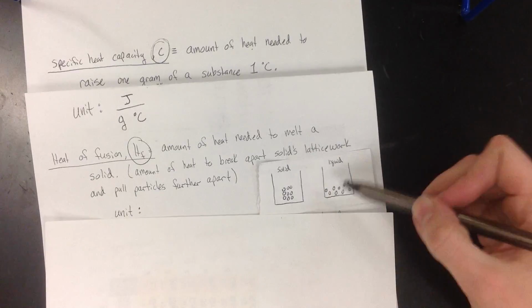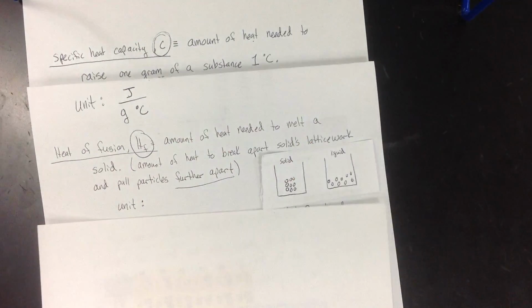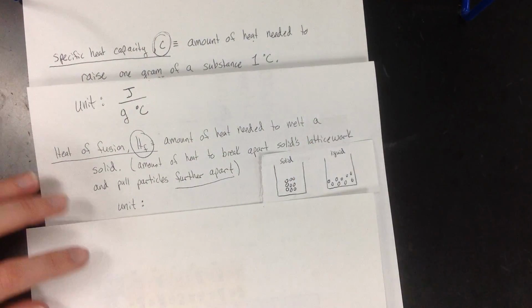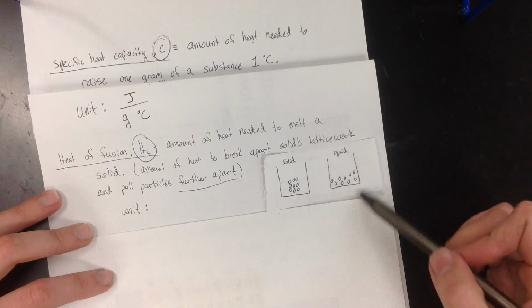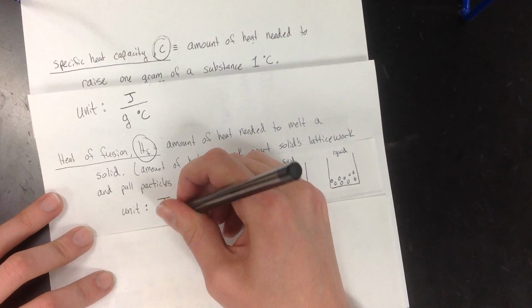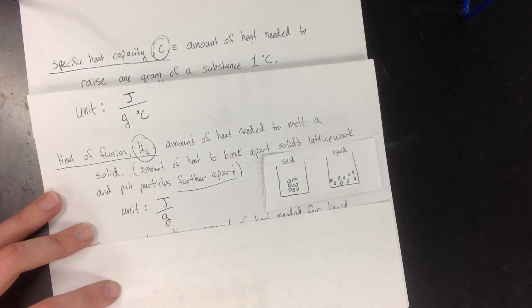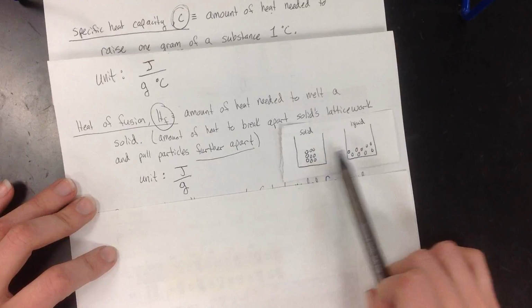They're moving around freely with more space between them, further apart. Since all we're looking at is how many particles we have, this is the amount of heat for the amount of matter that we have, or the grams that we have. That is for solid to liquid.